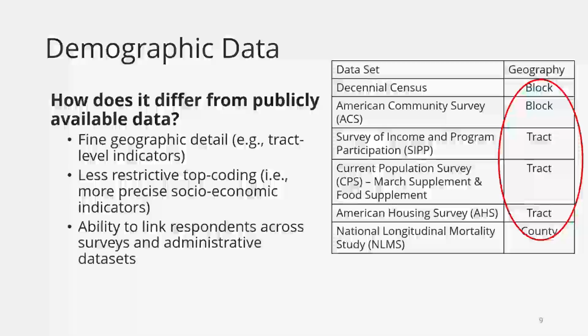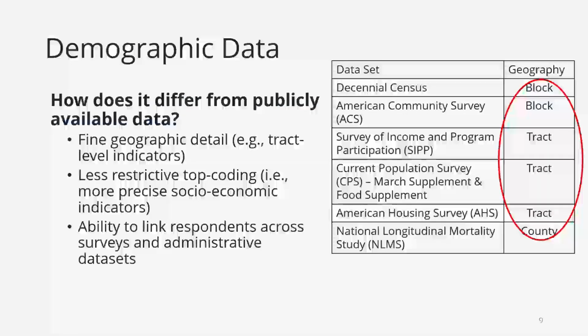So just to highlight some aspects of the different types of data sets that are available. For demographic data, which is the real focus of today's talk, here are some key demographic surveys. Decennial census, you get geographic detail down to the block. ACS also down to the block. The ACS is a 1% yearly sample of the US population.